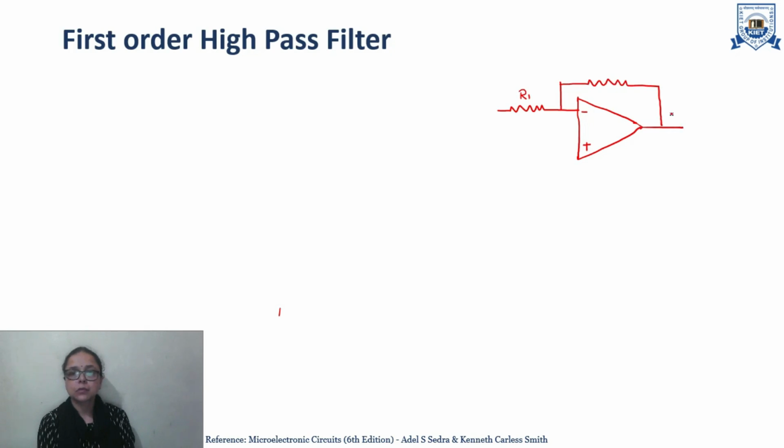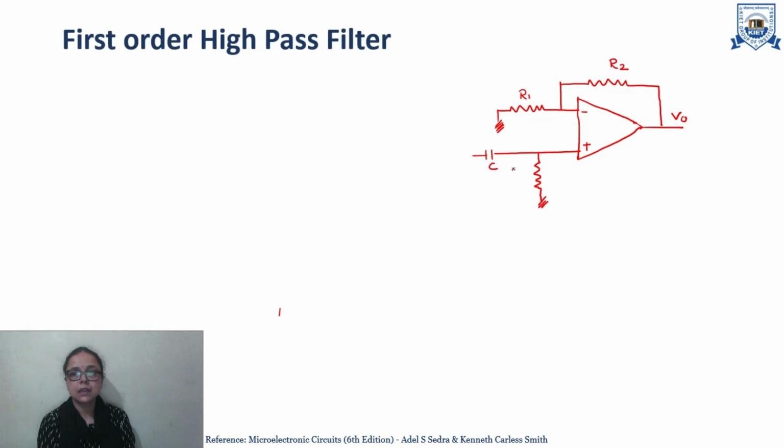This is the output voltage, and this will be at ground, and at the non-inverting terminal, at the input side we are having the capacitor and resistance at the ground.